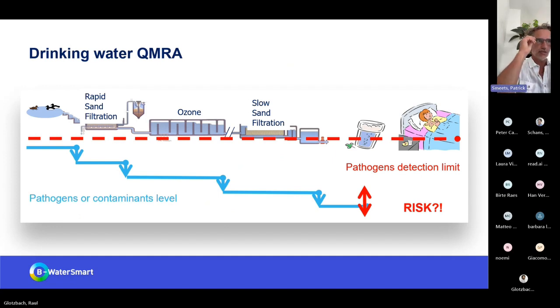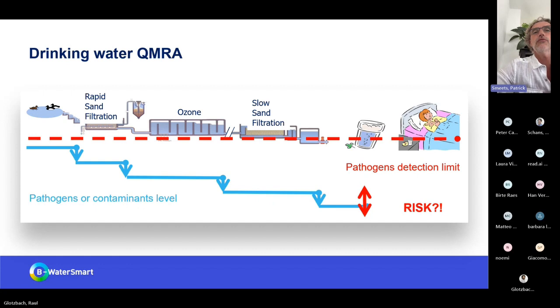So as I said, Quantitative Microbial Risk Assessment, or QMRA, was originally started in the drinking water scene, where traditionally water was only checked for the absence of indicator organisms, especially E. coli or enterococci. But we also realized that these organisms are very sensitive to chlorine.